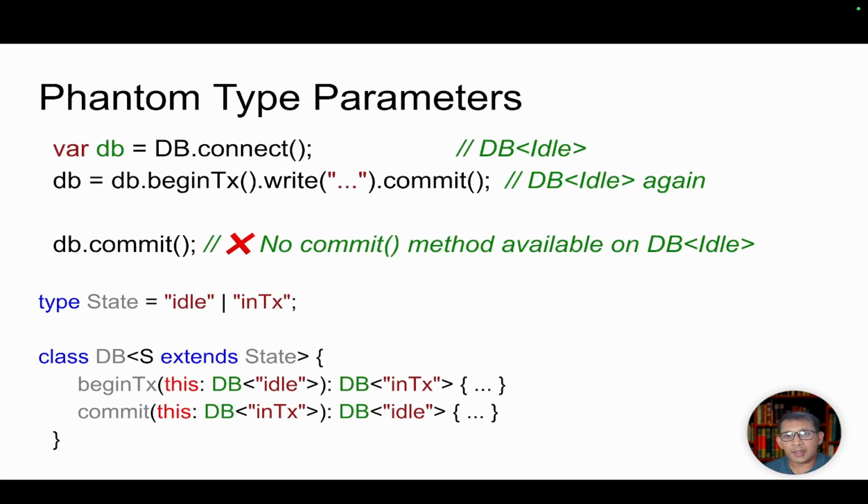The method availability is controlled through method overloading and type bounds. You can't call commit on a DB idle, not because the object lacks the capability, but because there's no method signature that matches DB idle as the receiver type. The compiler sees that commit is only defined on DB in transaction and rejects the call.